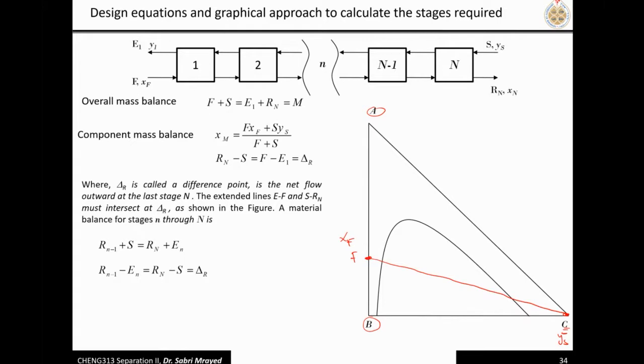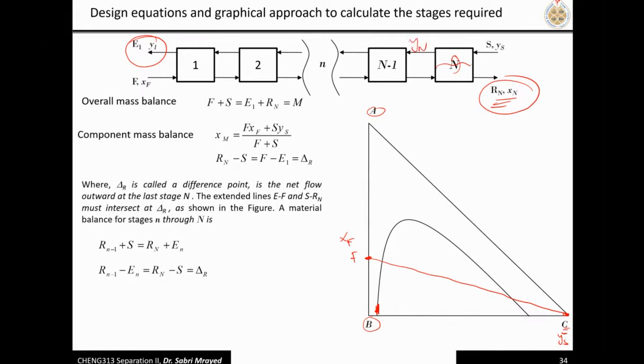You're going to have another line represented by Y1 and XN, the raffinate composition. Let's assume this is your raffinate, and as you see here, we have to draw this point exactly on the equilibrium line, because this one leaving stage number N is at equilibrium with Yn.